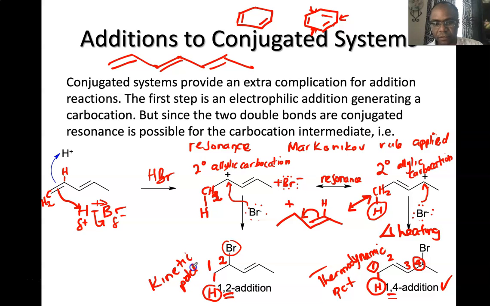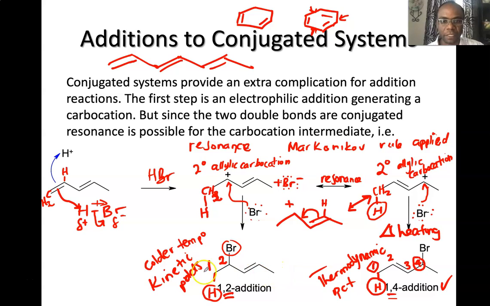They form spontaneously, they are easily formed, and they usually form at colder temperatures. So the 1,2 addition product is kinetic, formed under cold reaction conditions. 1,4 additions are usually the major product whenever there's heating.